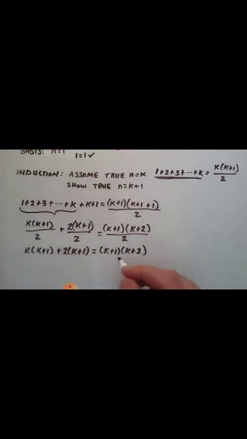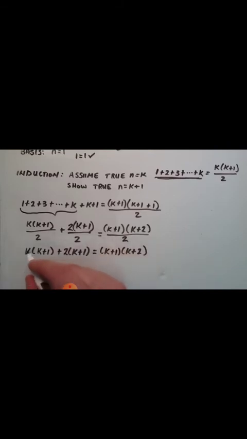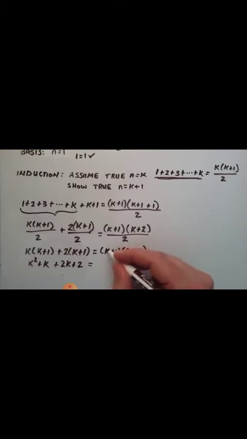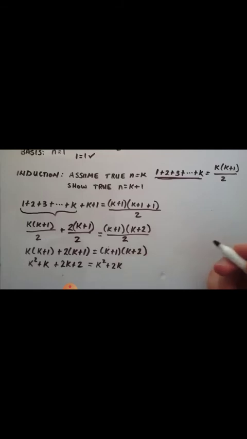After multiplying it, we get k square plus k plus 2k plus 2 on the left hand side, and on the right hand side it becomes k square plus 2k plus k plus 2.